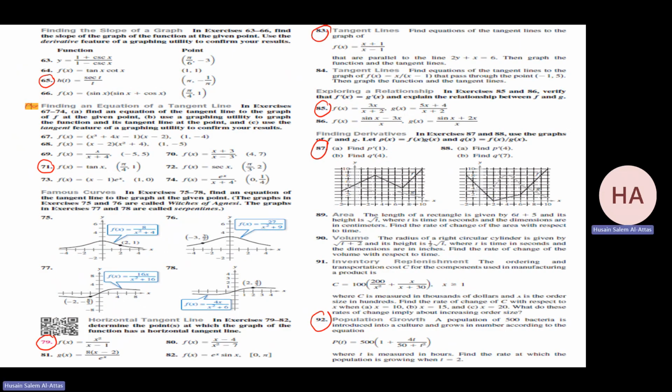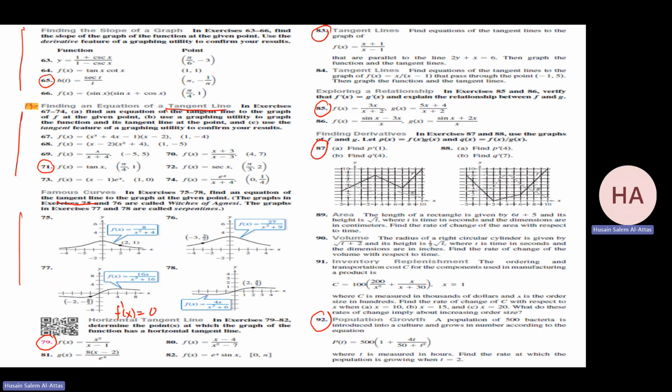Now we'll move to a different group, a different set of problems. Here we find the slope of the graph, which means you need to find the derivative. Find the equation of the tangent line, which means to find the slope, you need to find the derivative. Same thing here, find the equation of the tangent line. Horizontal tangent: when we have a horizontal tangent, it means f prime equals 0.